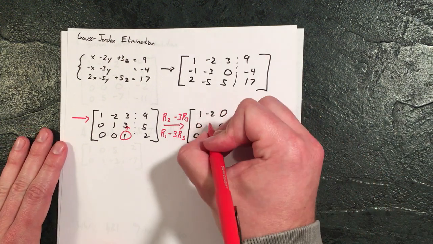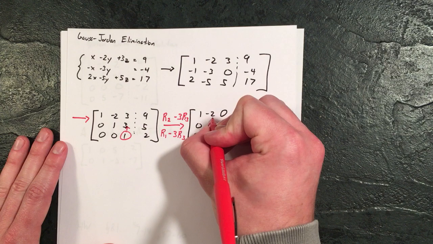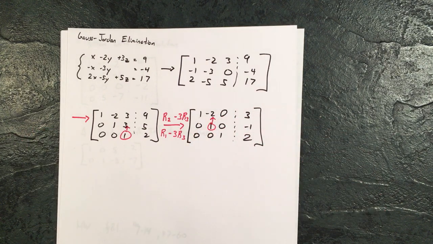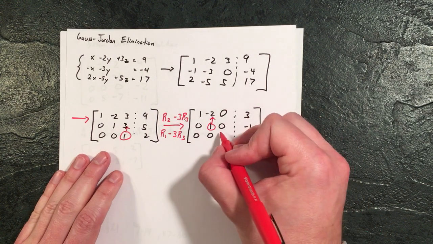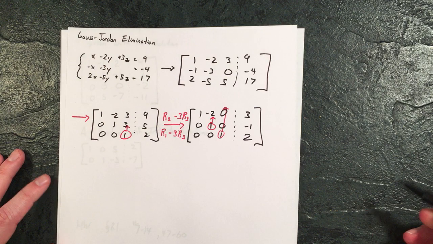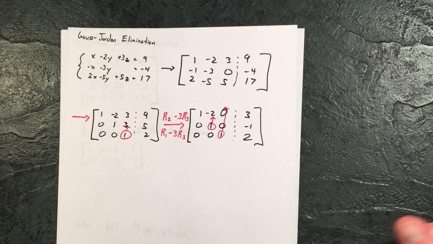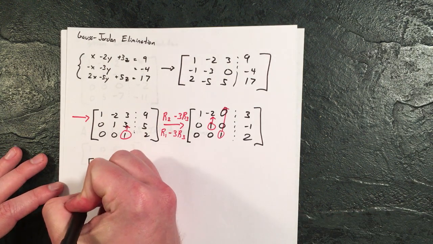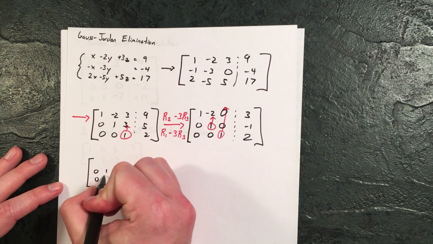So the next thing we're looking at is this one, and I want there to be zeros up there. Notice how good that is. The 1 here, all the zeros are there. So if we're going to do this, what am I going to need here? So I know these 2 rows are staying the same.